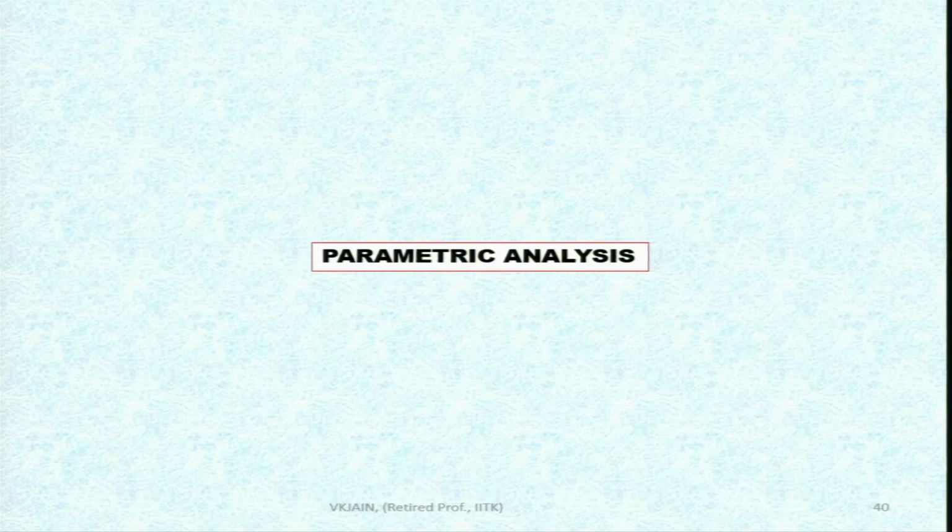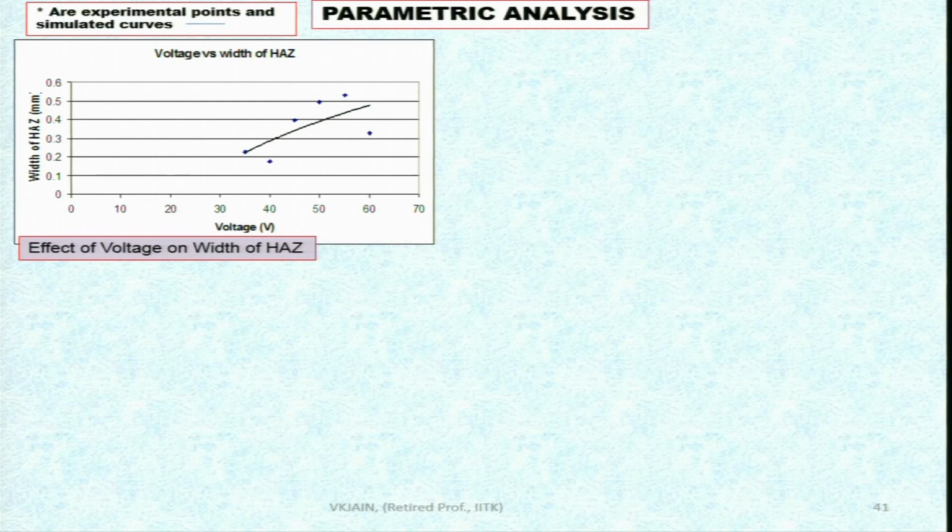Now we are going to discuss performance analysis of ECSMM process. Parametric analysis of the process. As we can see here, stars are the experimental points and this is the simulated curve. Width of heat affected zone, we have discussed what is the heat affected zone.